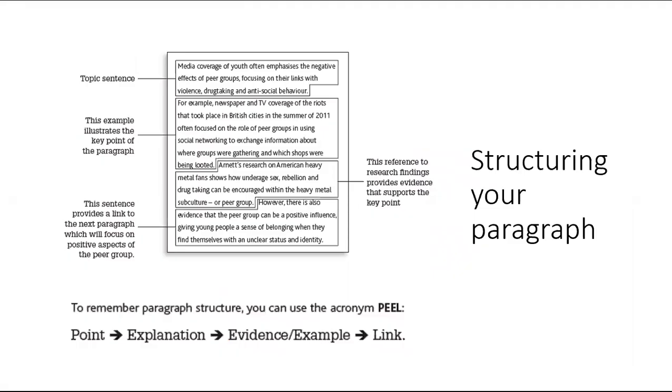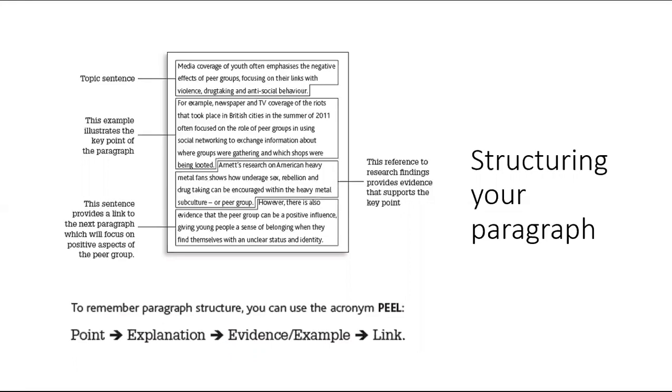So let's talk about paragraphs in particular. Usually a paragraph will start with a topic sentence. It's like an introduction to what we're going to say later. Then you'll give an example illustrating the point or the topic sentence that you started with.